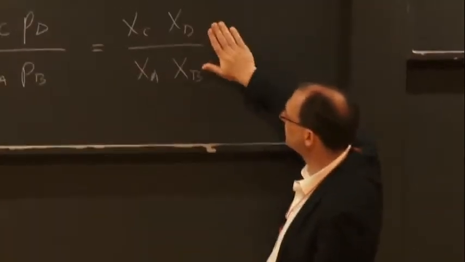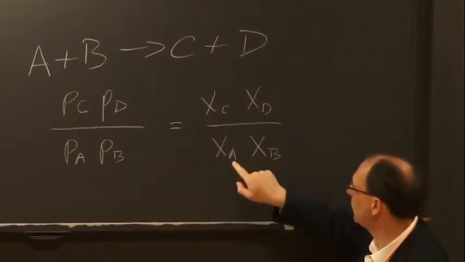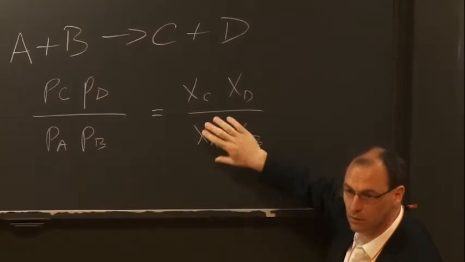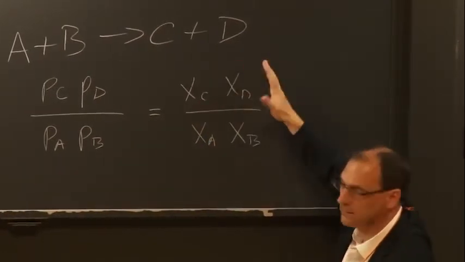Earlier, first lecture, we talked about complete conversion to products. Complete conversion to products is nothing else than equilibrium constant goes to infinity. Okay? Equilibrium constant goes to infinity means this ratio here is infinity, which means X_A and X_B are 0, and this here is large.